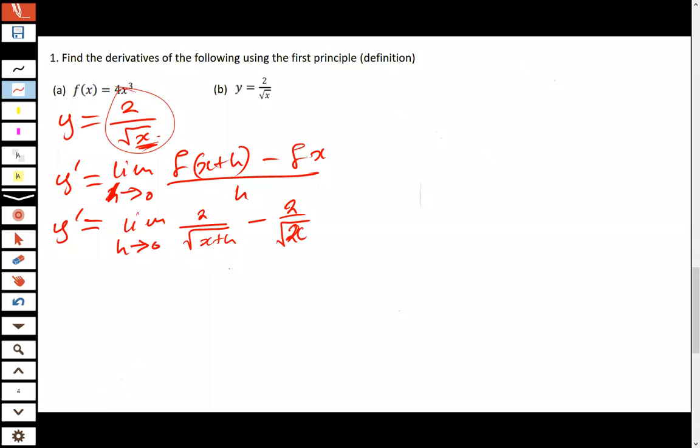Then we're dividing everything by h. So this one is also straightforward. So what we can do here is first find the common denominator on top to simplify the expression. So how do we do that? To simplify the expression, we can first find the common denominator. So we'll have something like this.